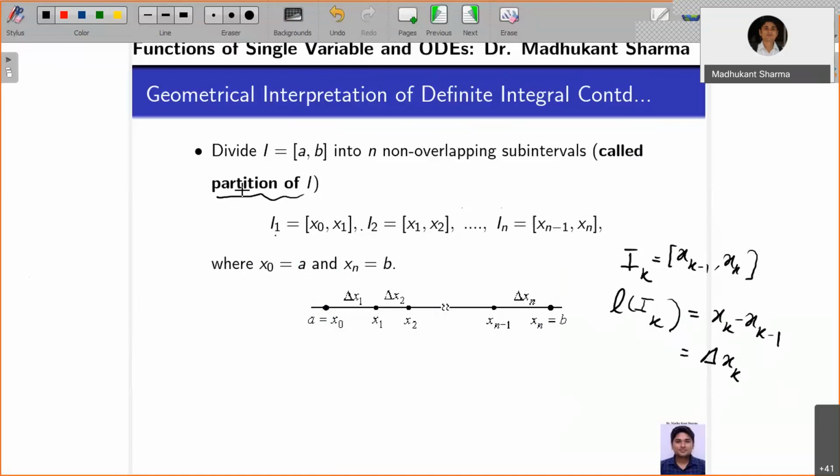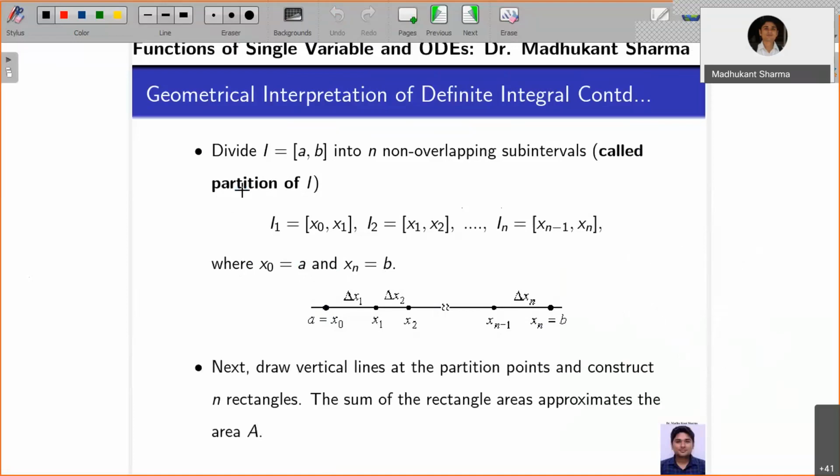Once we have done this, next we draw vertical lines at the partition points and construct n rectangles.